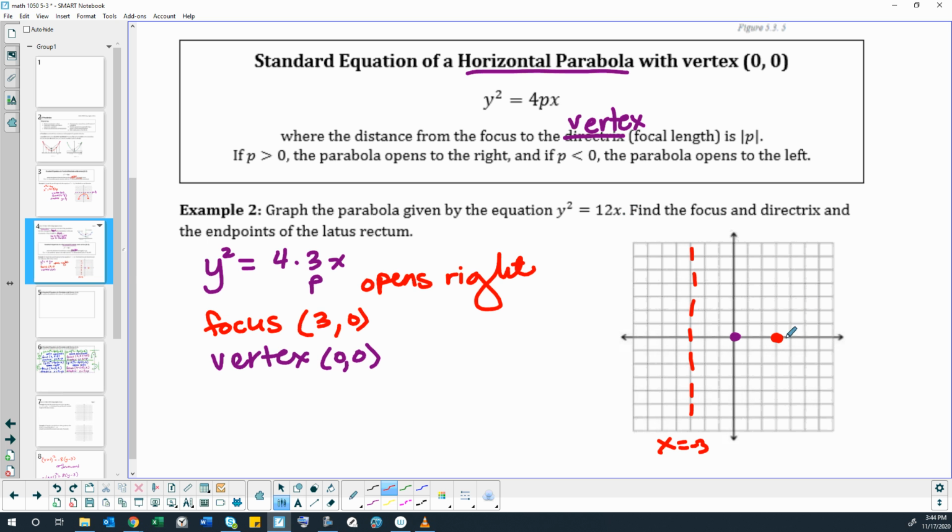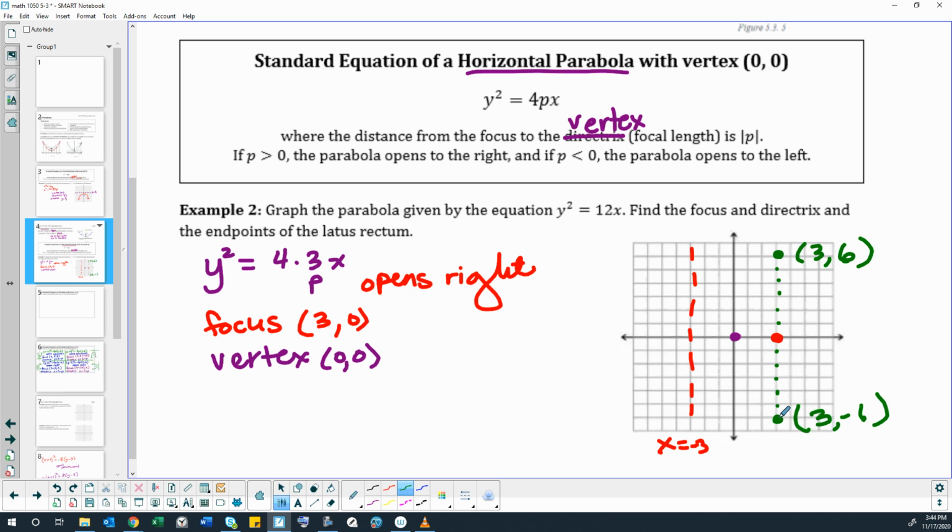So that's 4p. And half of that is 6. So we're going to go from our focus and go, let's do this in color. Go up 6, 1, 2, 3, 4, 5, 6. So that point would be at (3, 6). And we'll go down. So right 3, down 6. 1, 2, 3, 4, 5, 6. So that's going to be at (3, -6), right?